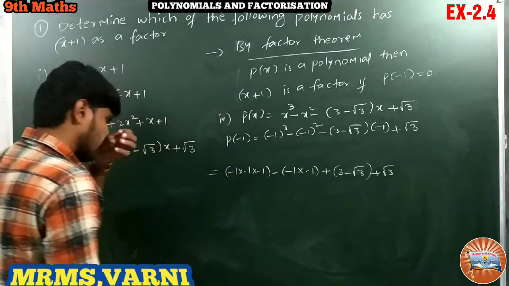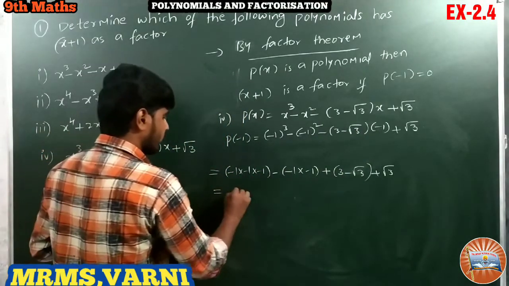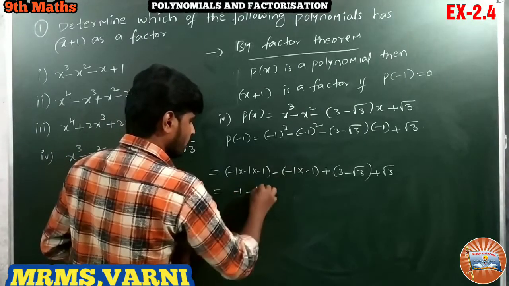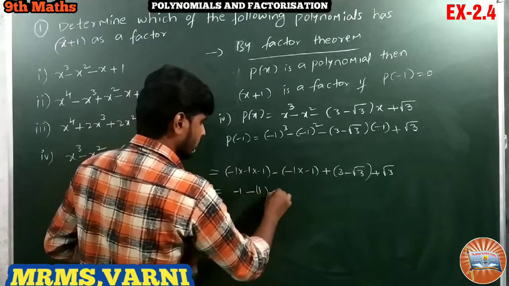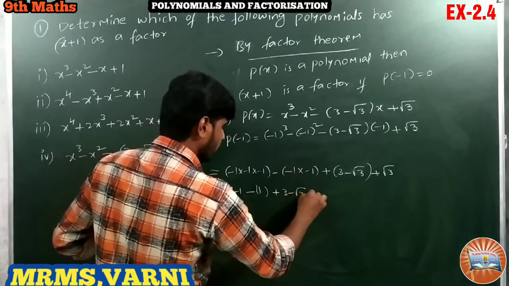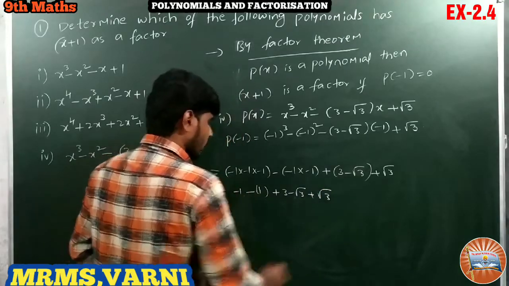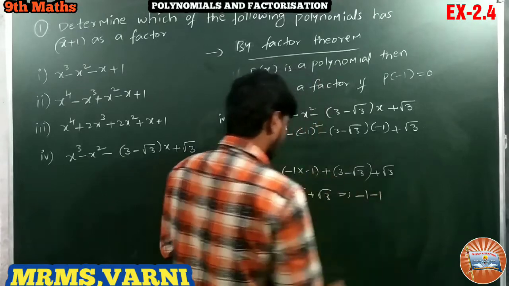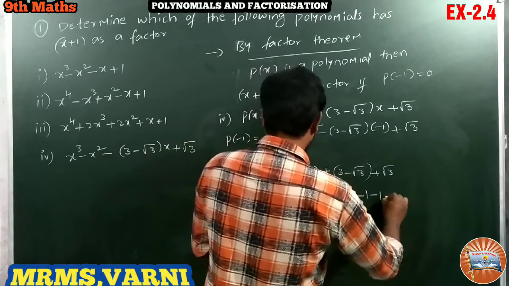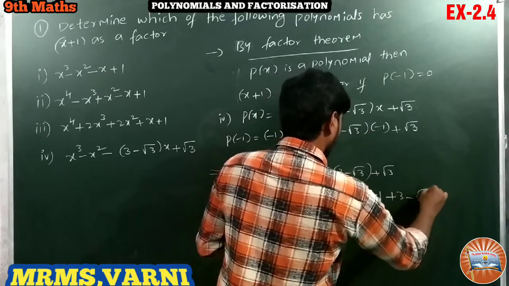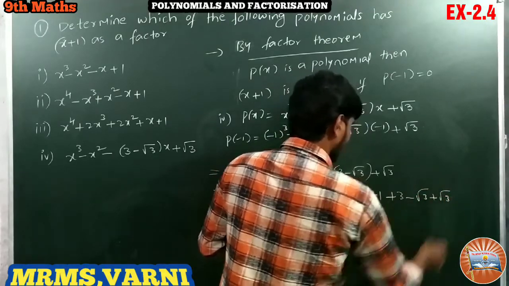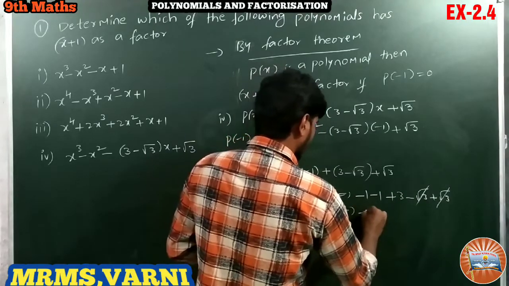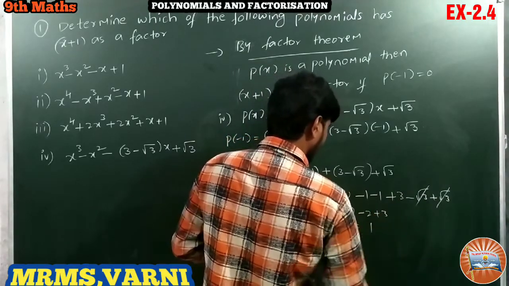Okay, nothing changes. So what becomes? Minus 1 minus of minus into minus plus 1 plus 3 minus root 3 plus root 3. This is nothing but, once again I am writing one more step, minus 1 minus 1 plus 3 minus root 3 plus root 3. These two get cancelled and it becomes minus 2 plus 3, nothing but 1.